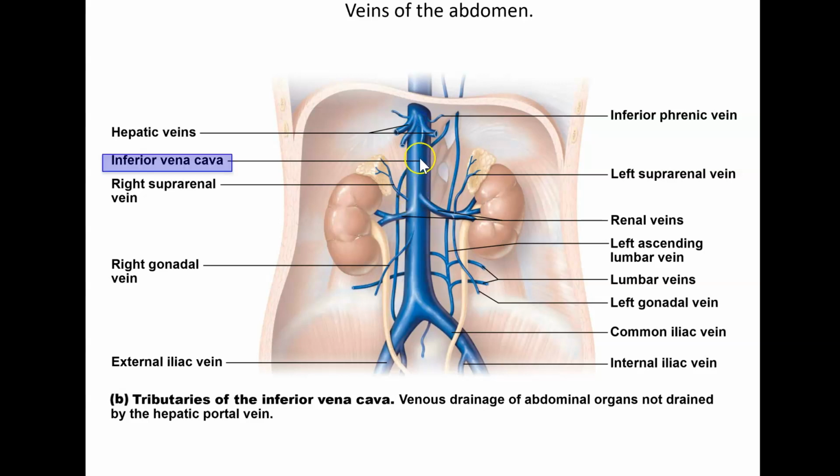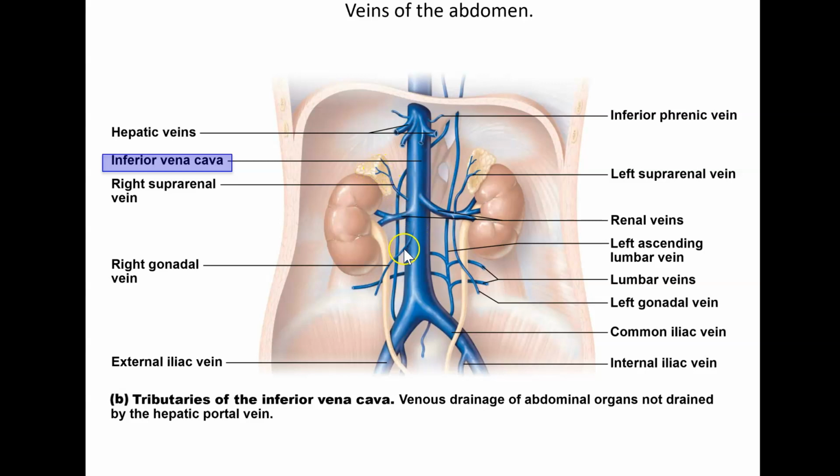So we also have this very large vein here, the inferior vena cava. So this would be sitting alongside the aorta, but we of course are draining our deoxygenated blood back to the right atrium. We can also see our renal veins draining the kidneys. We see our suprarenal veins draining the adrenal glands.